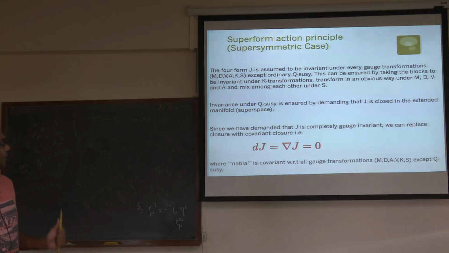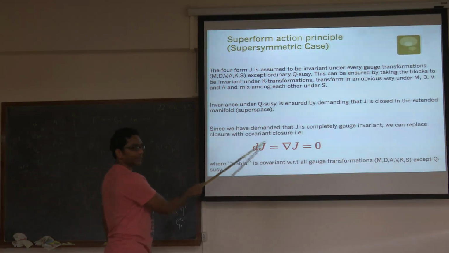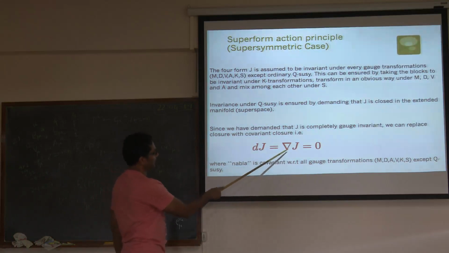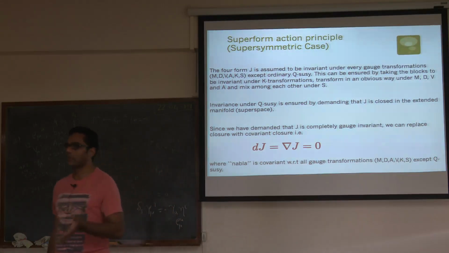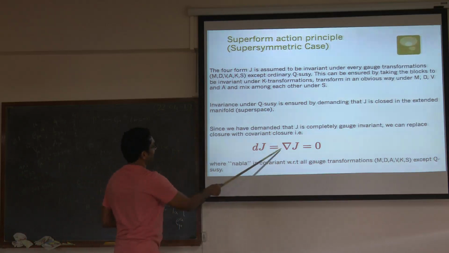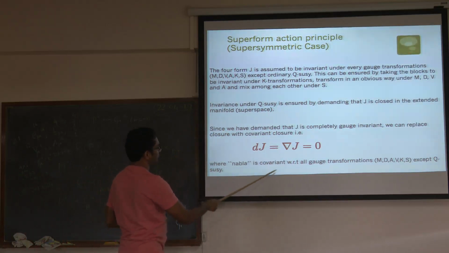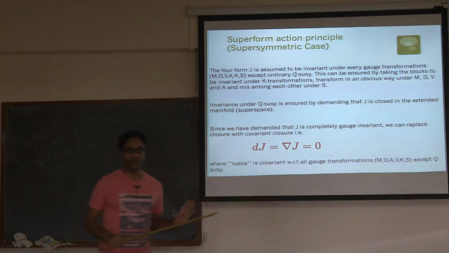So demanding that J is closed is basically similar to demanding covariant closure, because we have already assumed that J is invariant under these transformations, and this nabla is covariant with respect to all these transformations that we have already assumed it is invariant under.